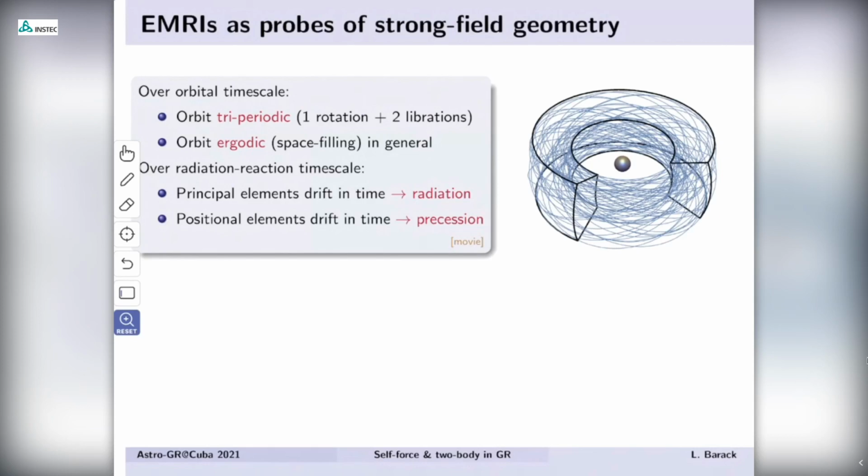So to understand that, let's look at what an MRI orbit looks like. Here's a picture of an actual geodesic orbit. I've drawn just a segment of a geodesic, without even taking into account complications from radiation or back reaction. You can appreciate how complicated the orbit is, contrast it with Newton. The orbit has 3 periods. You have one rotational period, the ordinary motion in the phi direction around the big black hole, and 2 libration type motions.